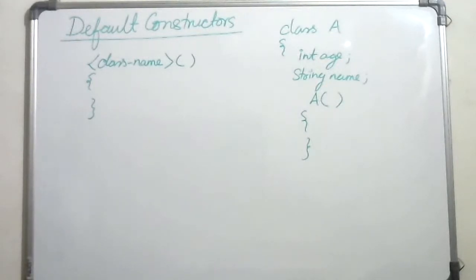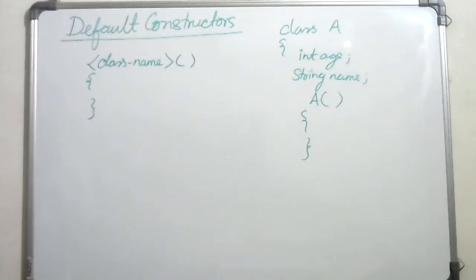So this is one way of writing the default constructor, or rather this is the constructor that the compiler provides you with. So when you do not define a constructor, this is the default constructor that you will be getting from the compiler.